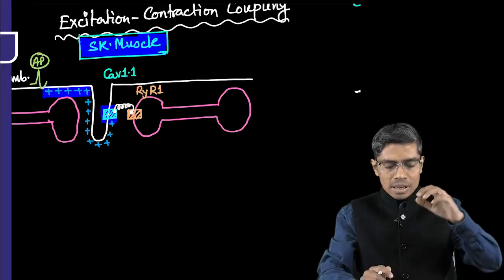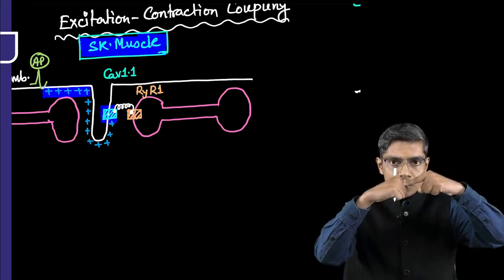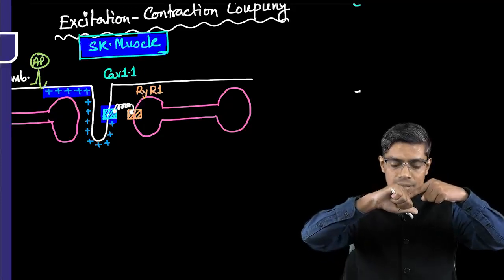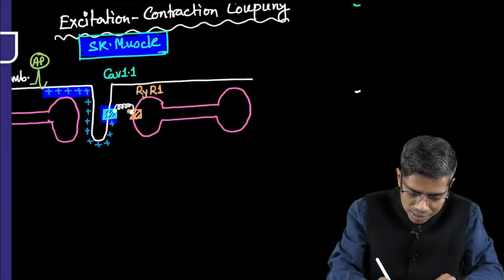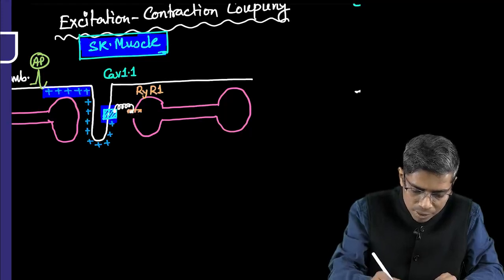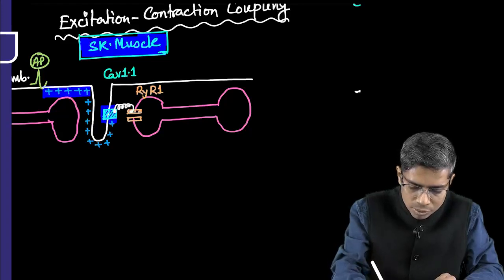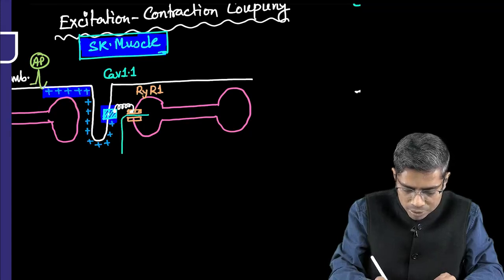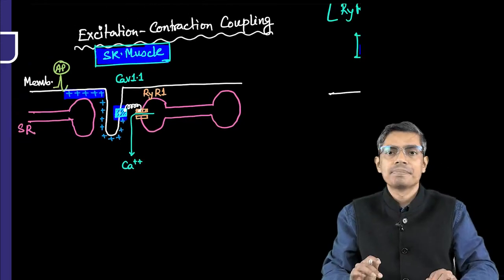Whenever this DHPR channel extends its arm and interacts with the RYR, it will cause twisting of this RYR channel, and because of this twisting, the RYR channel will open up. Because of the opening of this RYR channel, what is going to happen? A huge amount of calcium is going to enter from the cisternal region into the cytoplasm of the skeletal muscle cell.